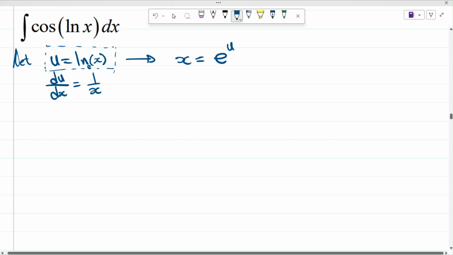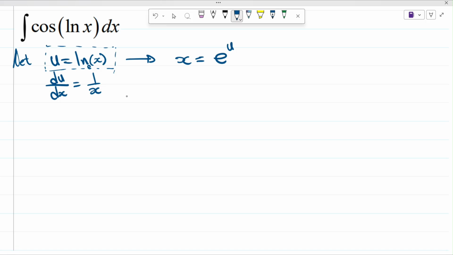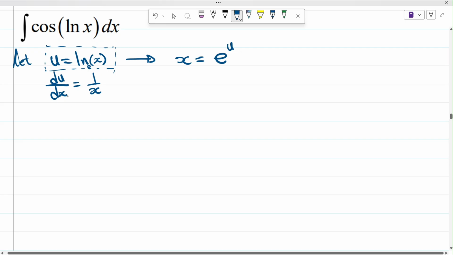Makes sense, right? I hope so. So when we solve for x there, we get e to the power u.